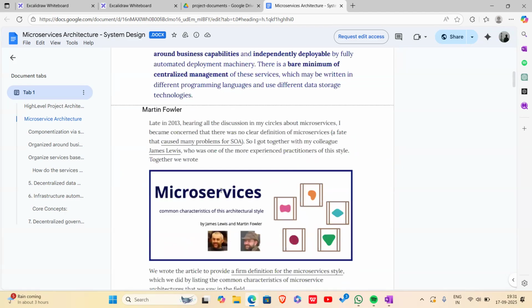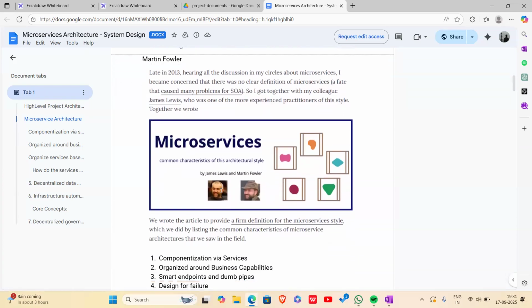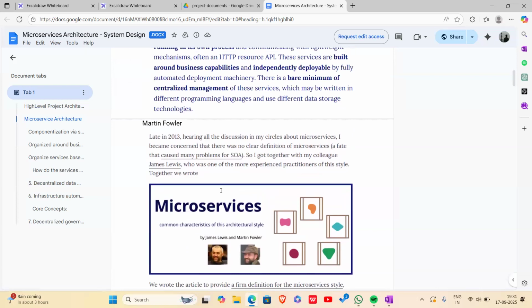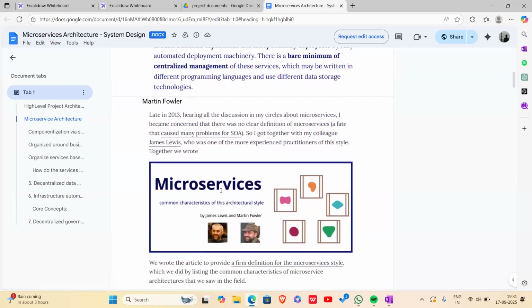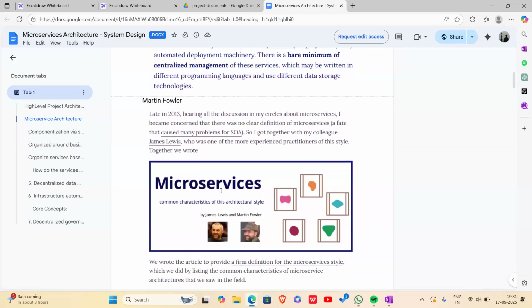They suggest having these nine attributes or methodologies in your microservice. It is not necessary to have all nine, but at least five or six are somewhat necessary so that you can call your system microservices.